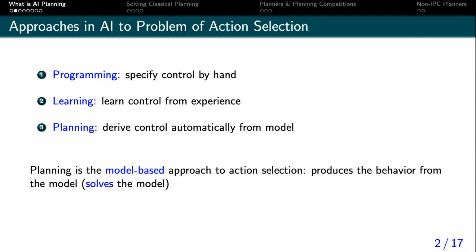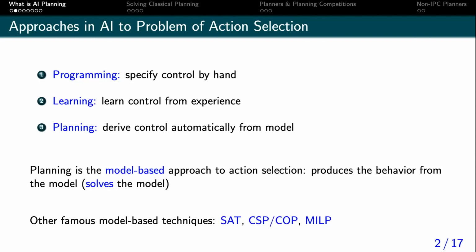Planning belongs to the third category, and it deals with producing the behavior from the model by solving the model. We can say that planning is a model-based approach to action selection. You might have heard of other model-based approaches in computer science in general and in AI in particular, such as Boolean satisfiability, constraint satisfaction or optimization, answer set programming, and mixed integer programming, and others as well.